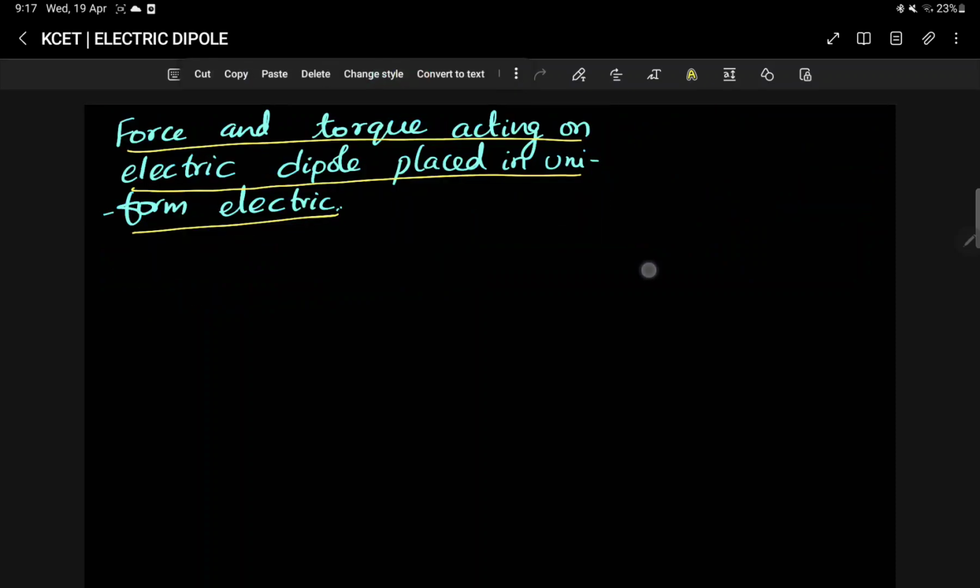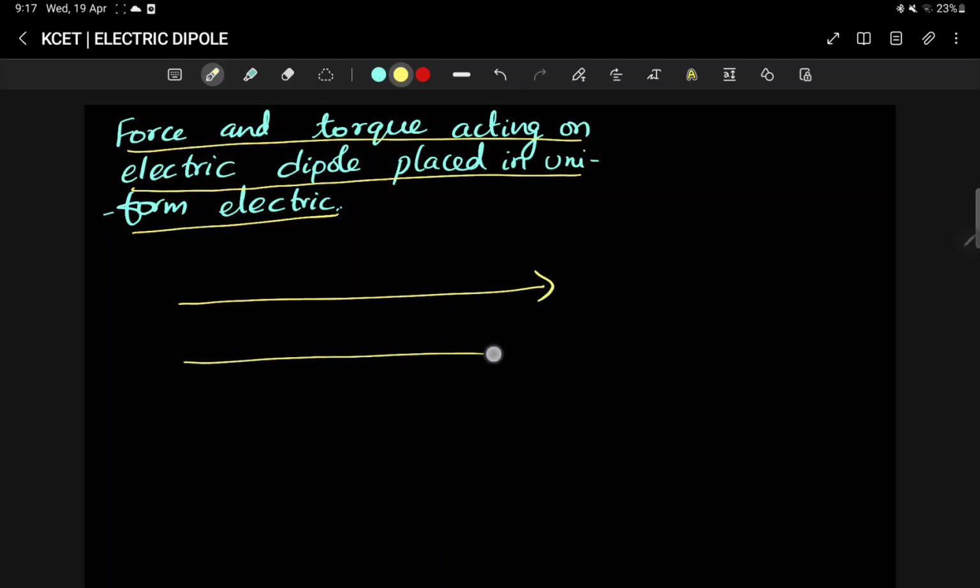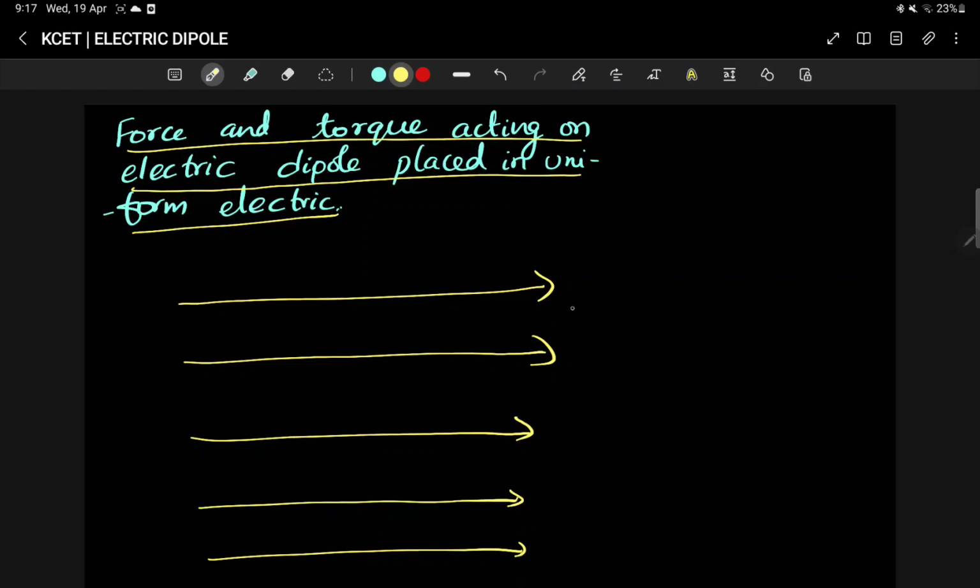Have some patience. Okay, now let me consider uniform electric field here. This is how we represent uniform electric field, equidistant parallel lines. So this is the direction of electric field. Now if we place one electric dipole here, let us consider this is positive charge plus q, this is negative charge minus q.